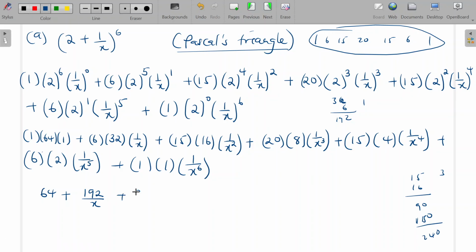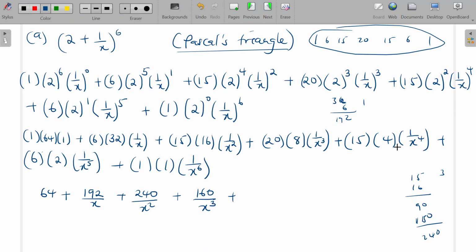So it's going to be plus 240 over x squared. Then plus 20 times 8, that would be 160, times 1 over x to the power 3, giving 160 over x to the power 3.